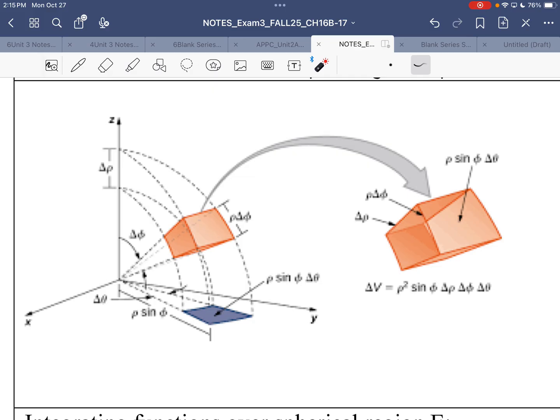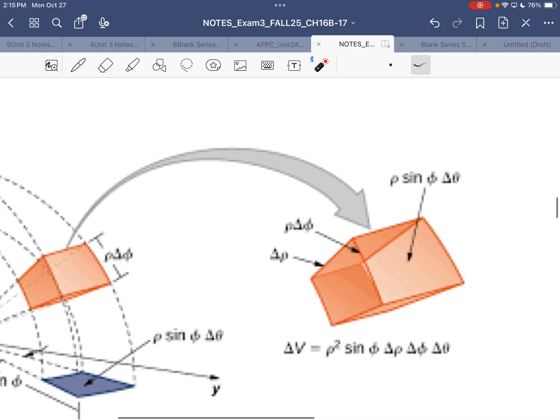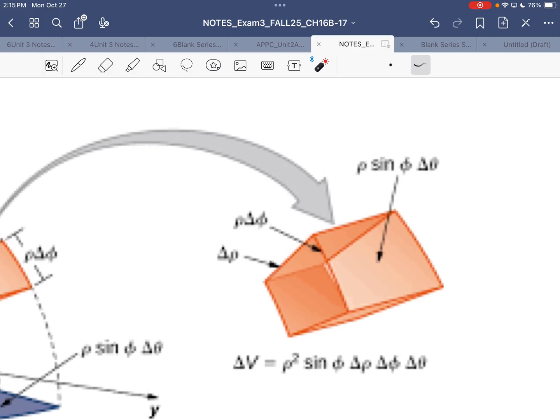Now, in our beautiful hunk of cheese, the font is a little crazy on this. This says rho change in phi. That's talking about this part right here.